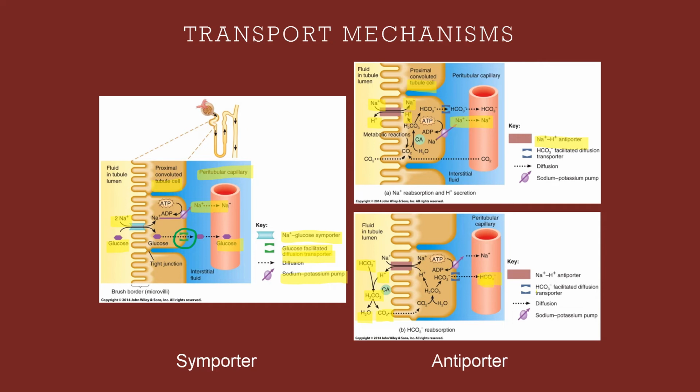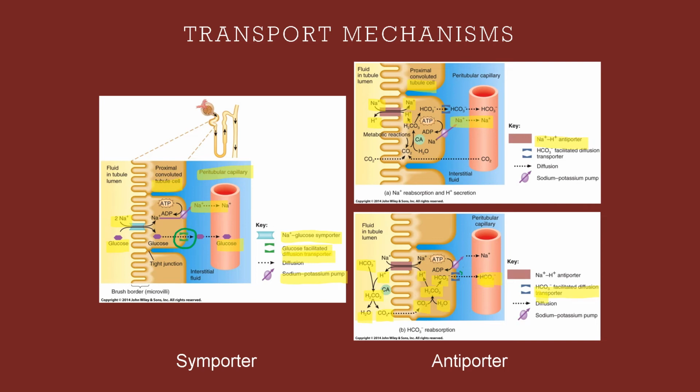The carbon dioxide is then going to diffuse back into the tubule cells and rejoin with water to produce carbonic acid. And carbonic acid is then going to dissociate into a hydrogen ion and bicarbonate within the cell. Now, as the levels of bicarbonate, HCO3, rise within the cytosol, it's going to exit by a facilitated diffusion transporter.